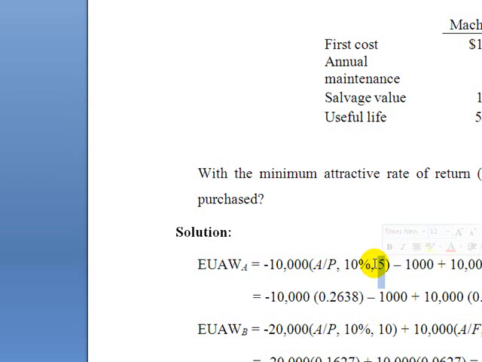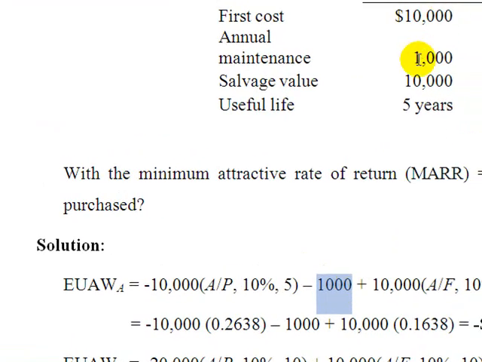So that is 5, minus. What else is given? The annual maintenance, which is already A, so we don't need to multiply that with any factor, which is $1,000, so minus 1,000.